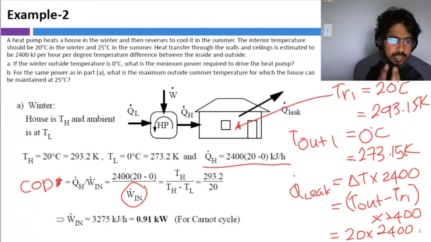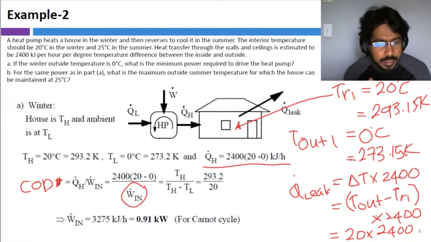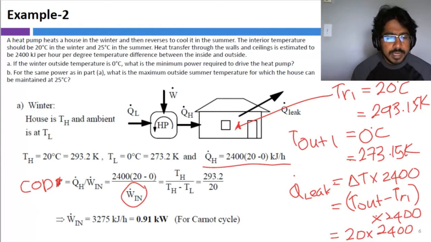So then we only need a relatively smaller work input compared to any other heat engine operating under the given conditions. That's why we assume that this is going to be a Carnot heat pump if we want to get the required heating at a minimum work input.